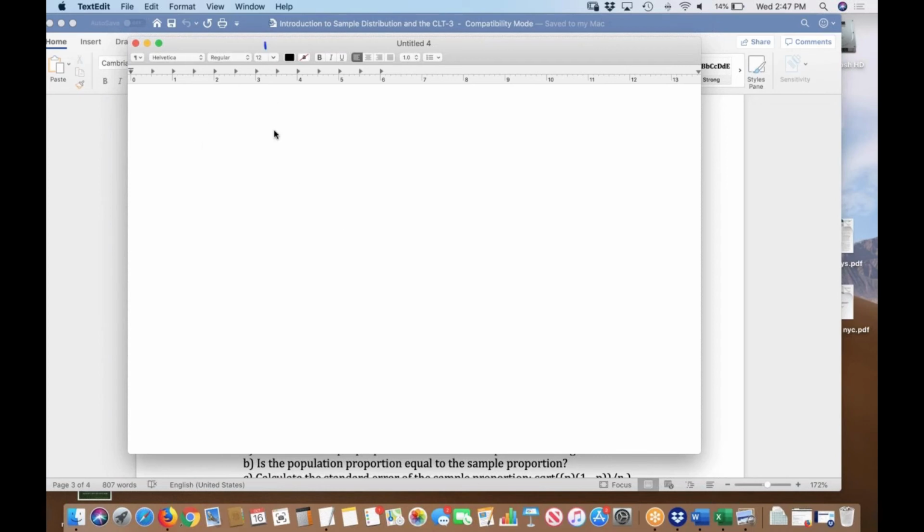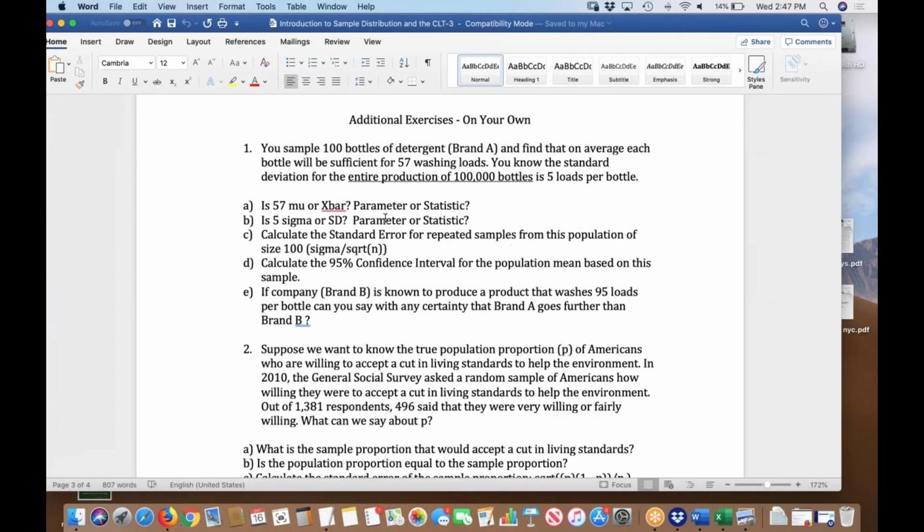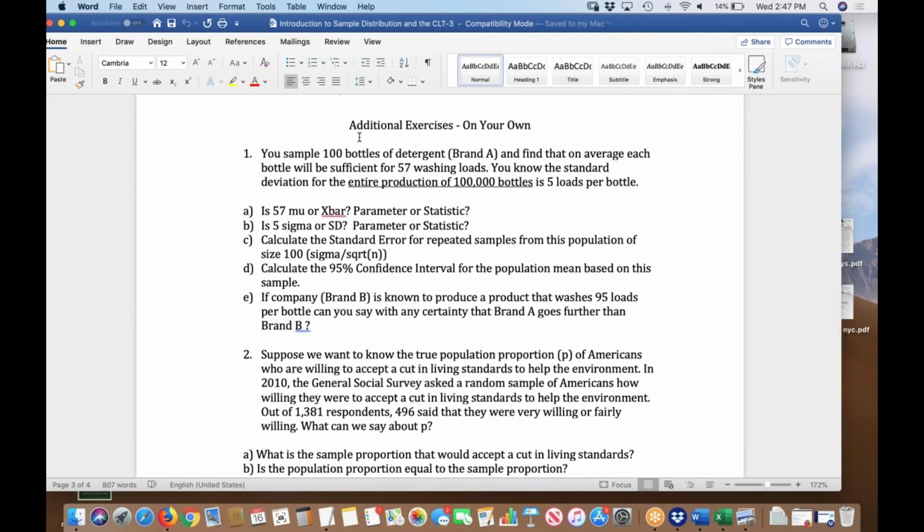So in the case of our bottles, we sample 100 bottles. We get a mean for those 100 bottles of 57. So our X bar, our simple sample of 100 bottles, comes out to be 57.